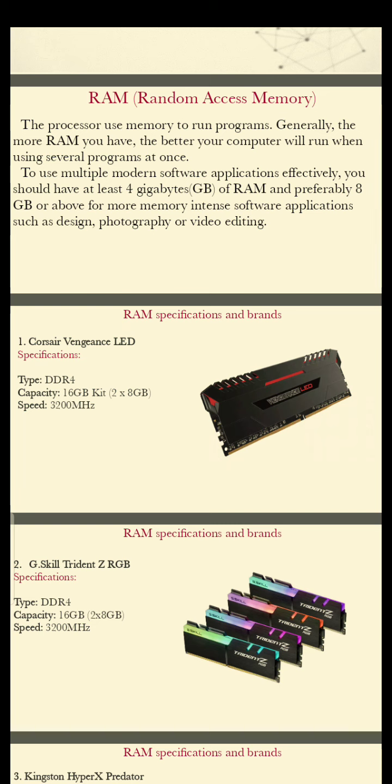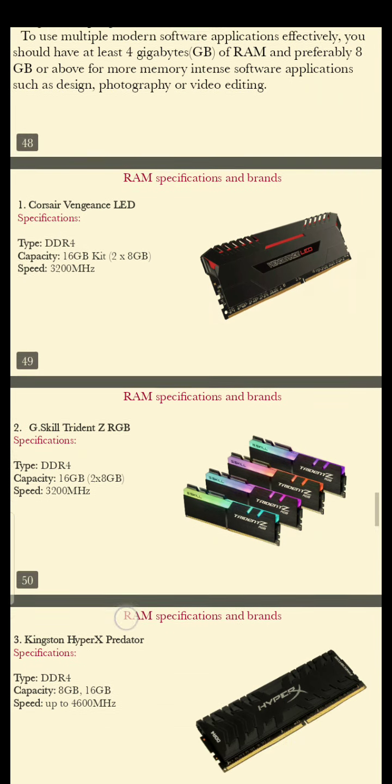Generally, the more RAM you have, the better your computer will run when using several programs at once. RAM is used not only in computers and laptops but also in our cellphones. If you have a laptop or computer, you should choose memory with high storage capacity, because when you run programs, the usage gradually increases. So it is much better to buy memory with high storage capacity. These are the specifications and brands of RAM.